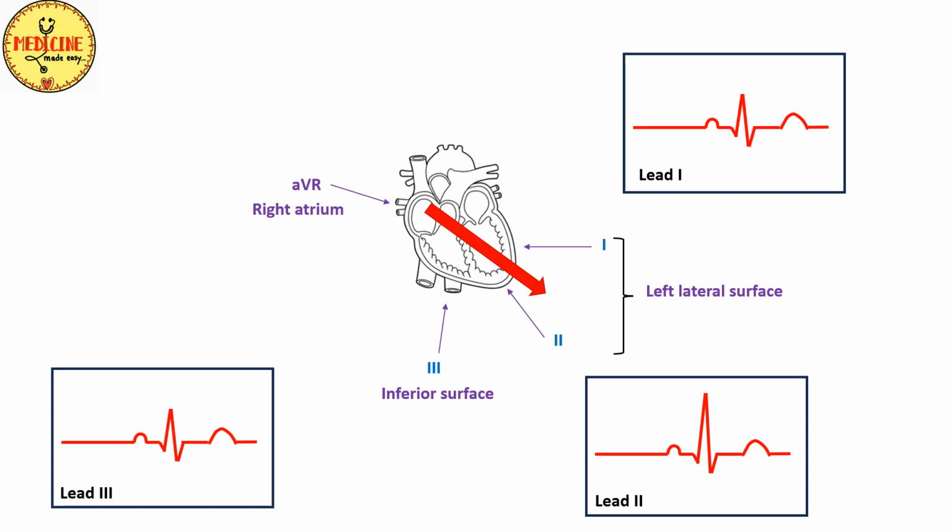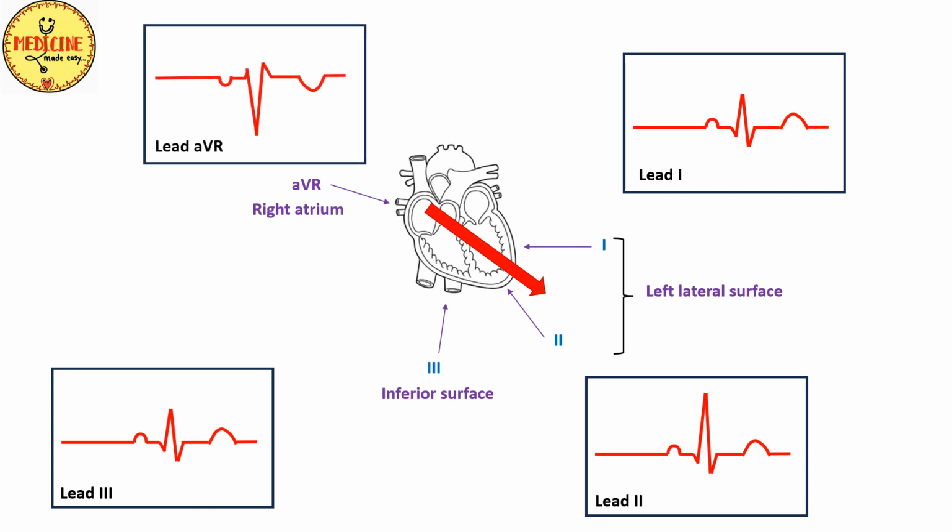I hope you can appreciate that the direction of the cardiac axis is more towards lead 2, and therefore you can see that the magnitude of the R wave in lead 2 is greater than that of 1 and 3. When we consider the lead aVR, the cardiac axis is moving away from this lead and thus the S wave will be greater than the R wave.